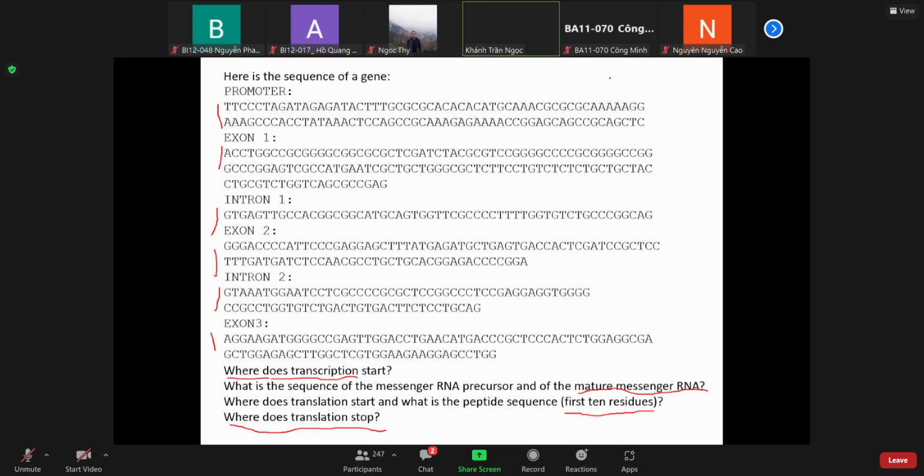Is this sequence the coding strand or the template strand? So this is the coding strand, from the 5' to 3' of the coding strand.